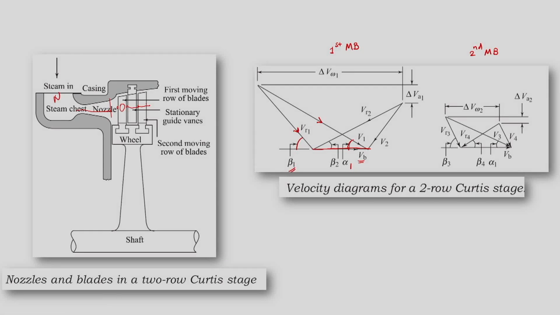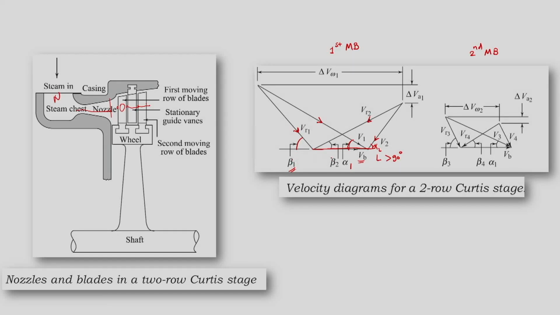While going out from the first set of moving blades, the flow will have absolute velocity V2 and relative velocity Vr2. Here we are drawing this diagram for the case where alpha 2 or delta is greater than 90 degrees.